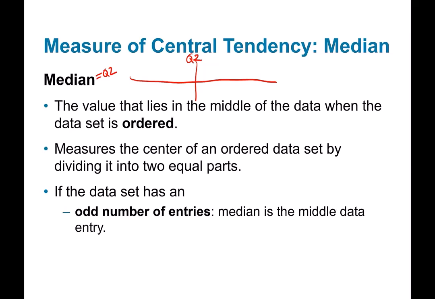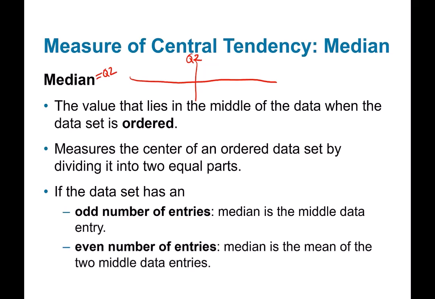So a couple things can happen. If our data set has an odd number of entries, the median is your middle data entry. So the median will actually be a data entry if you have an odd number of entries. If you have an even number of entries, the median is the mean of the 2 middle data entries.